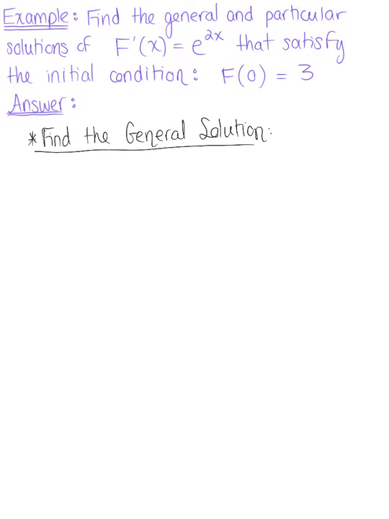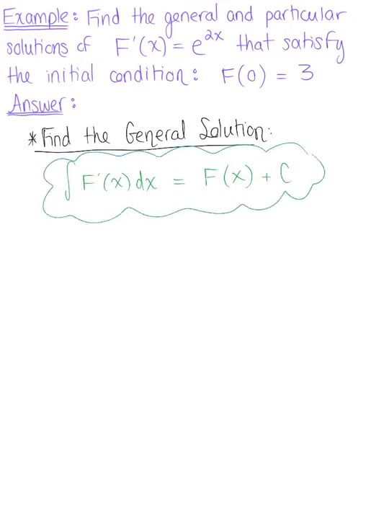So our general solution we'll keep in mind is simply the integral of the derivative f prime of x dx being equal to that antiderivative capital F of x plus c. So plugging in what we're given here, we have the integral of the natural exponential raised to the 2x dx, which integrates to the natural exponential raised to the 2x divided by 2 plus c.